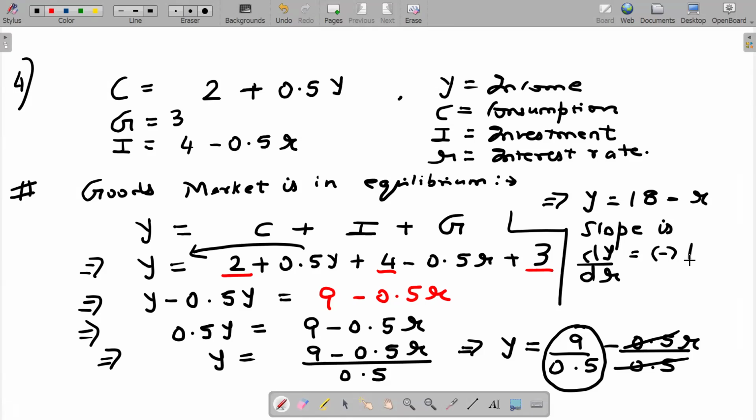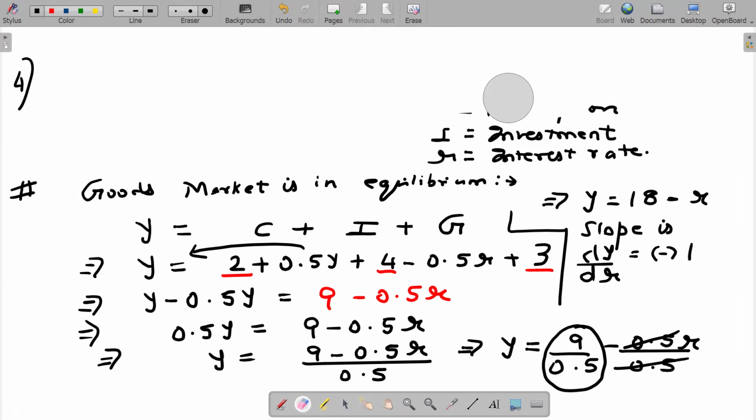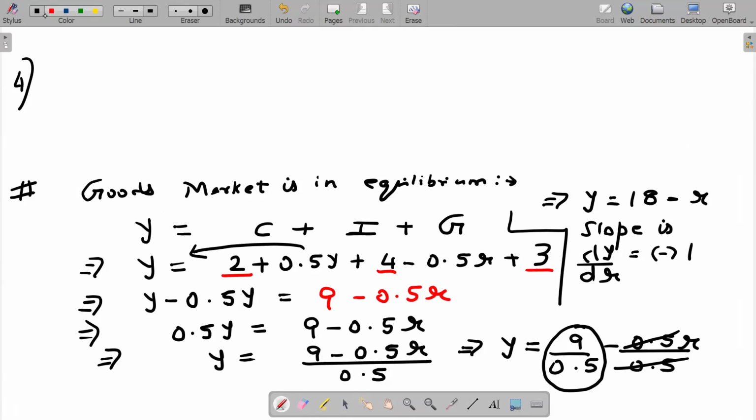Assuming that we are measuring Y on the horizontal axis and R on the vertical axis, I can also write it like this. Just for clarity, from this equation, I can also write that R is equal to 18 minus Y.